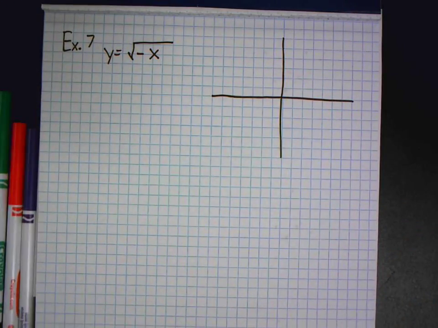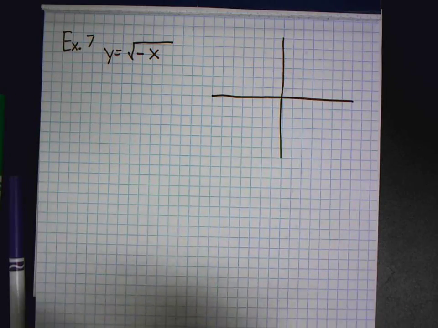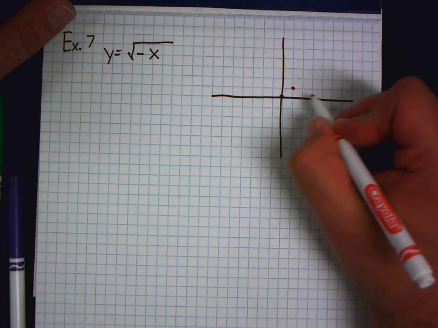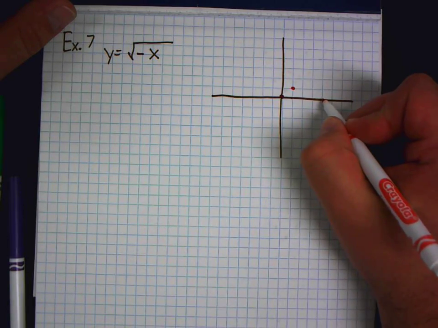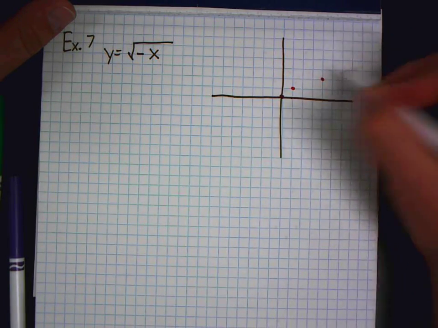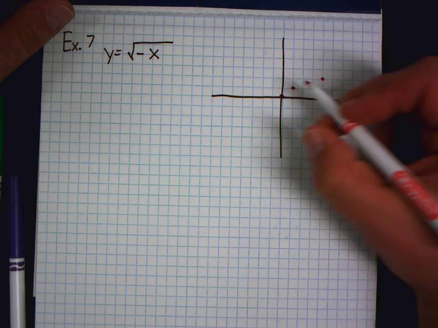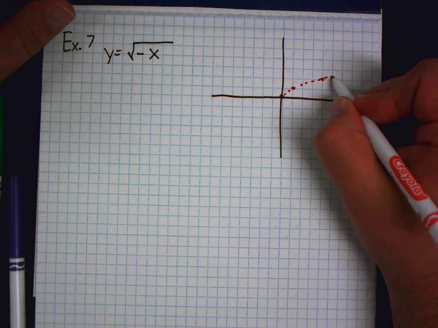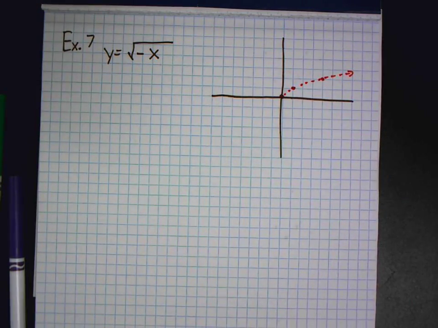Okay, just to make sure you know what square root of x looks like. Square root of x starts here, has 0, 1, 2, 3, 4. The next number I could take the square root of is 4. Square root of 4 is 2. Next number would be 9, so I'm not going to put that one on here. So that's square root of x. What a negative in front of the x does is it flips it horizontally.